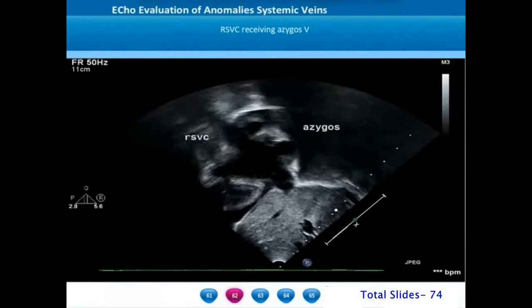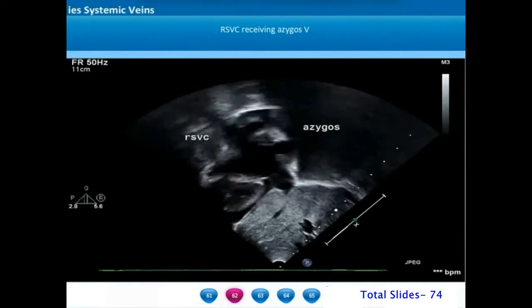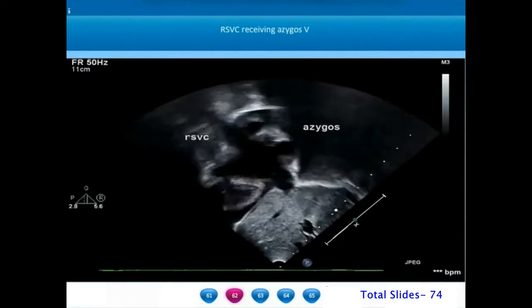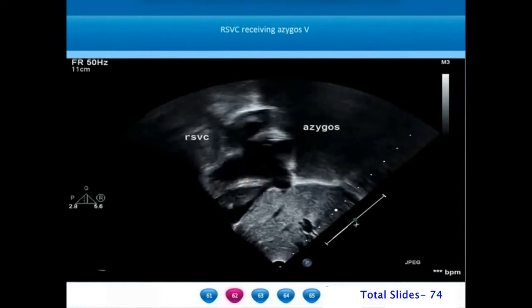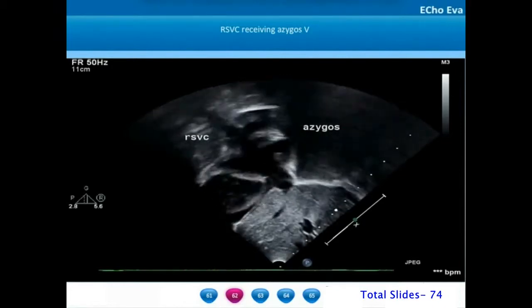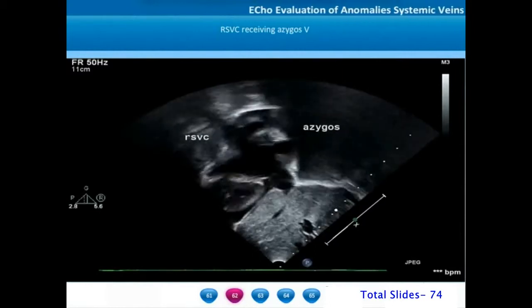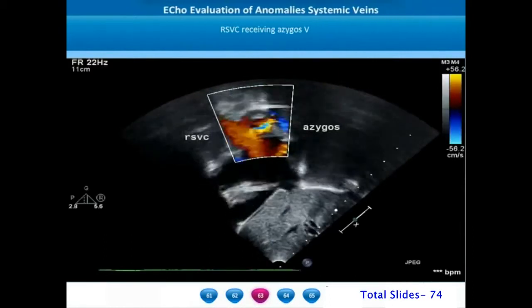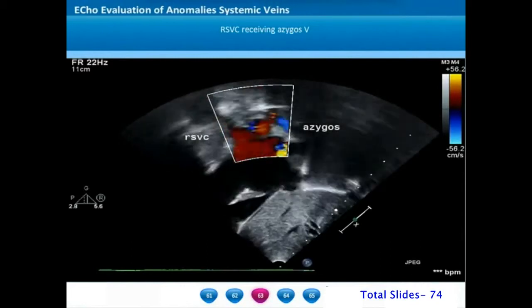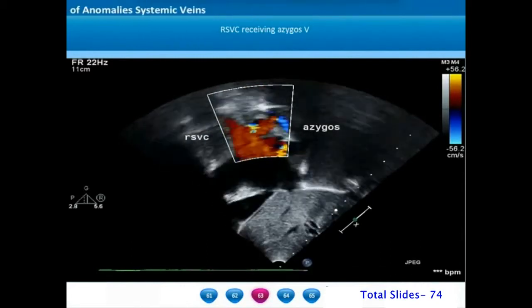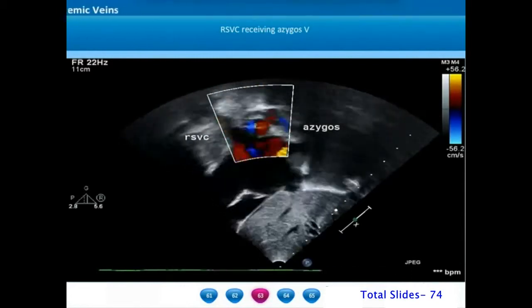On a subxiphoid short axis view, when we see the right superior vena cava draining into the right atrium, on the posterior wall of the right superior vena cava, we can appreciate the azygous vein draining into the superior vena cava. This azygous vein will be dilated. On a color flow imaging, we can notice the flow of the blood from the azygous vein into the posterior wall of the right superior vena cava.